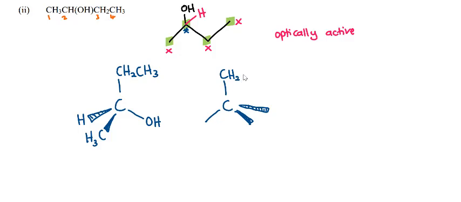So we have CH2CH3, here we have hydrogen, here the CH3, and here the OH. These two must look like mirror images. So we have OH here and OH here.